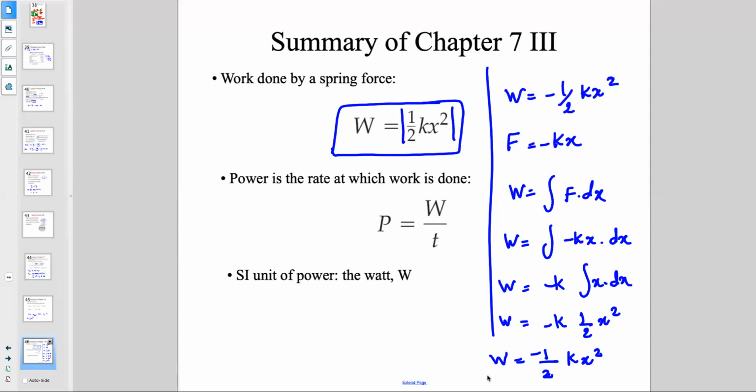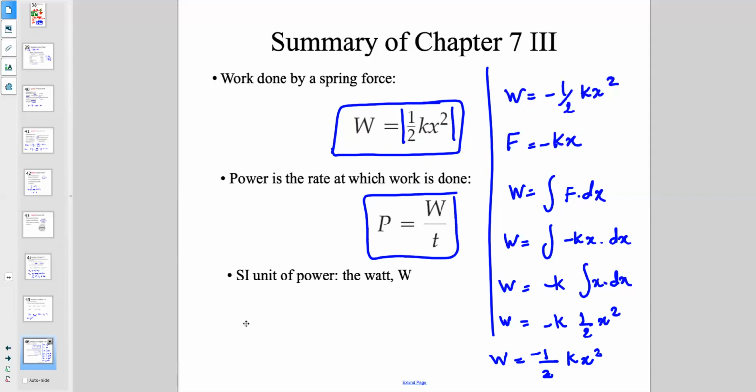And if I want to find the power, the rate of the work, or the rate that the work is being done or produced, I have to divide the work over the time that it took to do it, and it will give me the power.